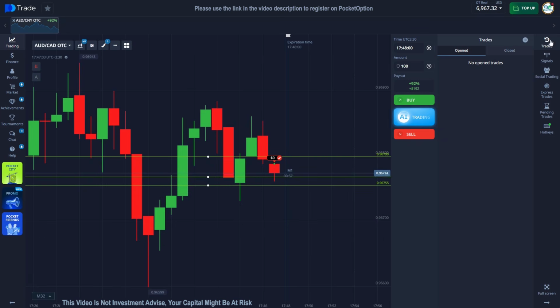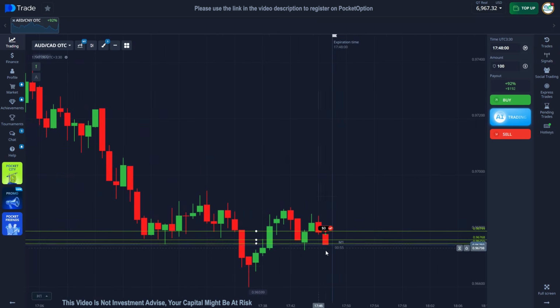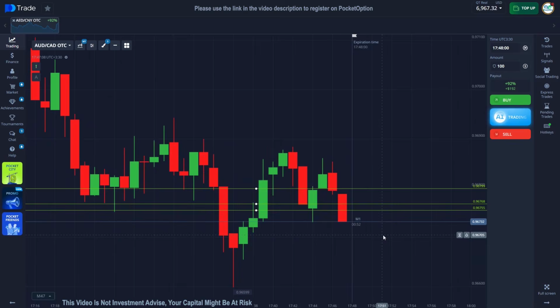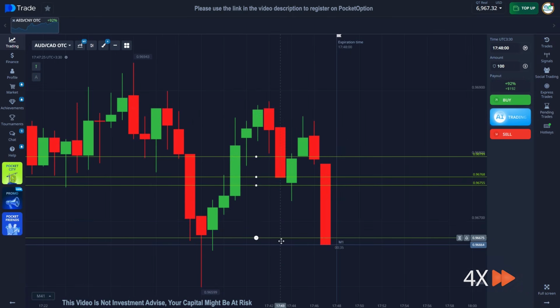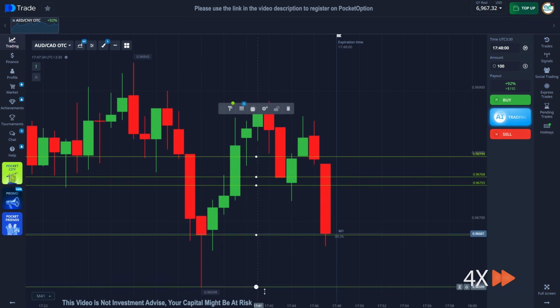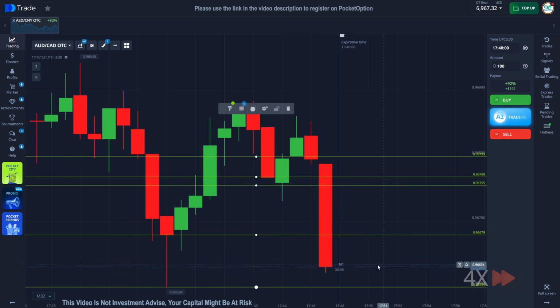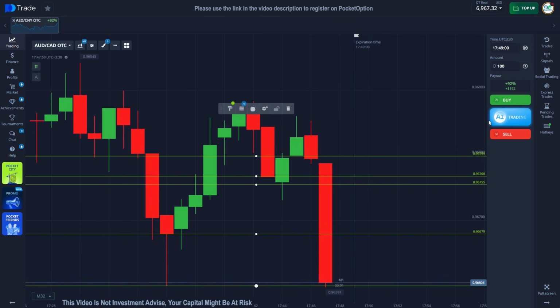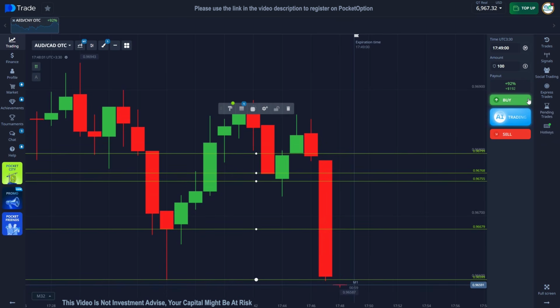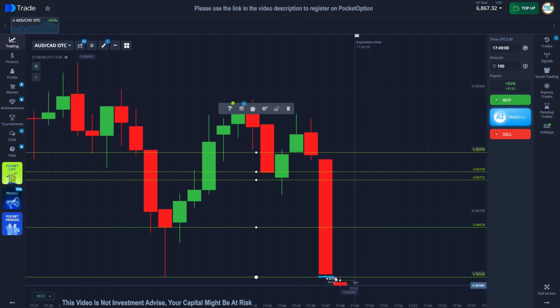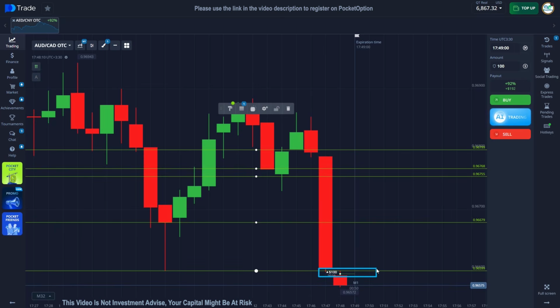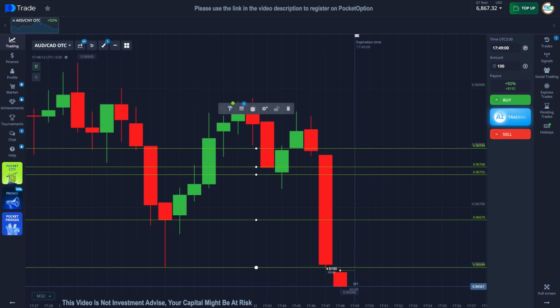It's okay. Notice there is a gap between the candles.